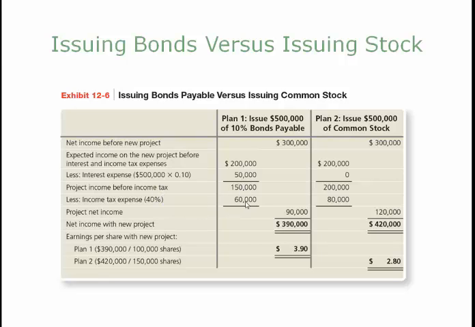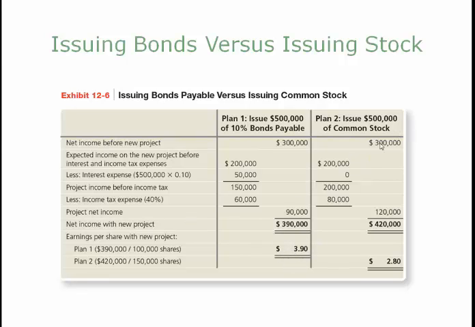At 40% income tax is $60,000, so their projected net income is $90,000, and the total net income is $390,000. It tells you the number of shares outstanding for Plan 1 is 100,000, so your return per share is $3.90.